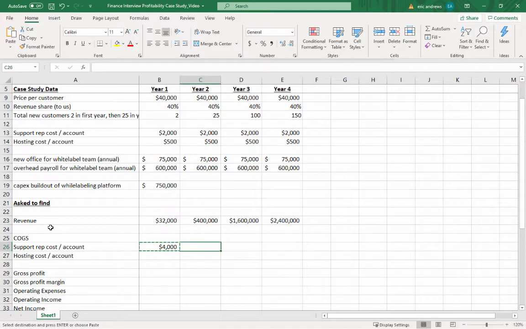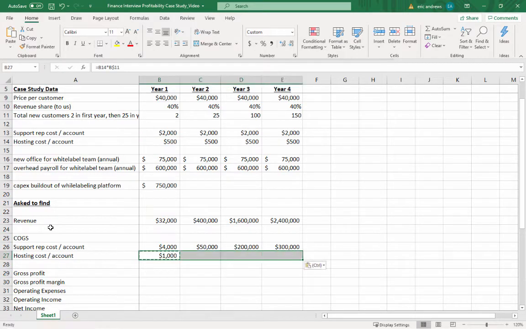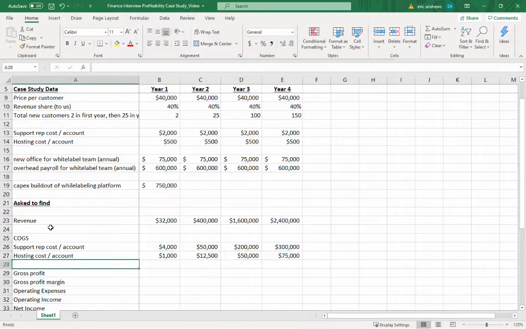Okay, so if I copy that to the right, that's going to work. And if I copy that down, because I locked the row, the row 11, the number of customers stayed in the same row, but the hosting cost, the row reference actually moved down one cell. So I can use the same formula 8 times because I locked the row.